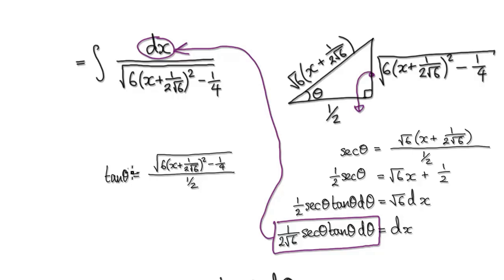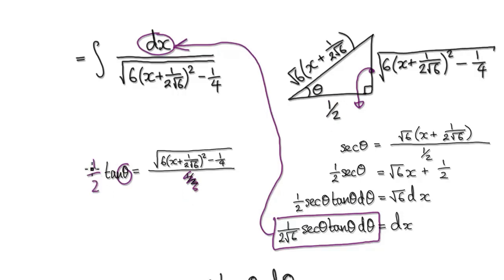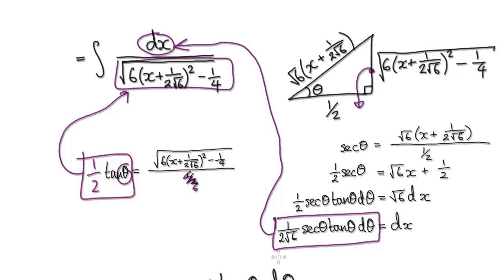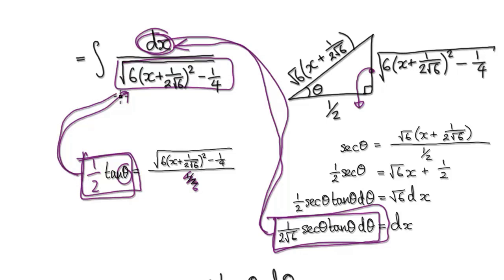So tan theta equals opposite over adjacent. So times both sides by a half. So that will then give us this. So now we can put a half tan into this complicated thing here. So put this whole thing here into the dx. Put a half tan theta into here.